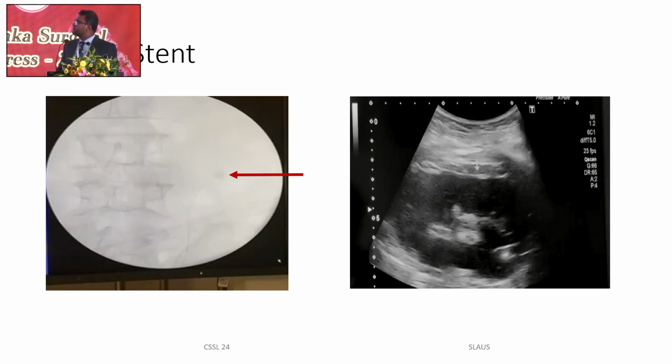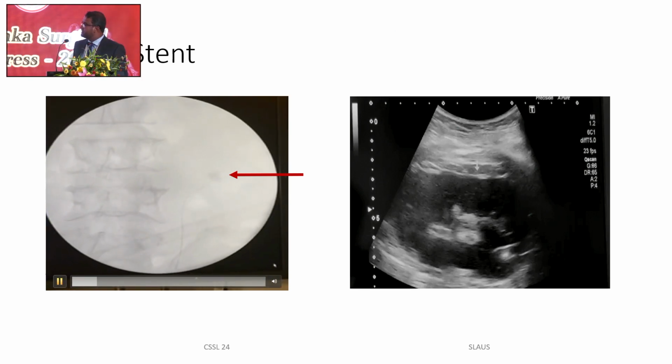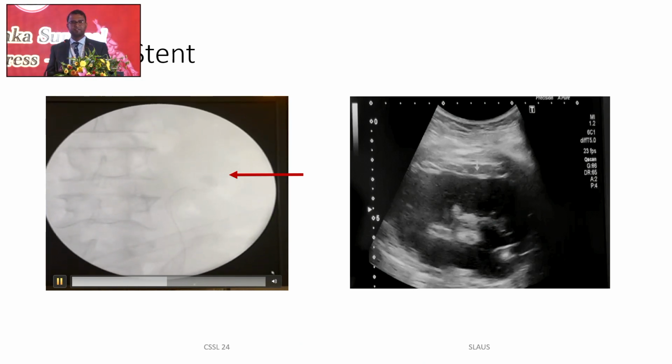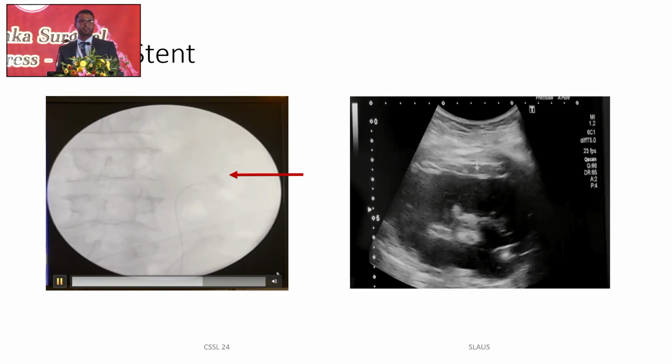This is a stone in a left upper ureter. Stenting has failed, because you can see the guide wire is coiling underneath the stone because of the curved ureter and impacted stone.